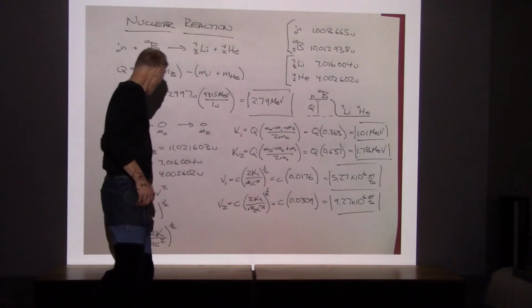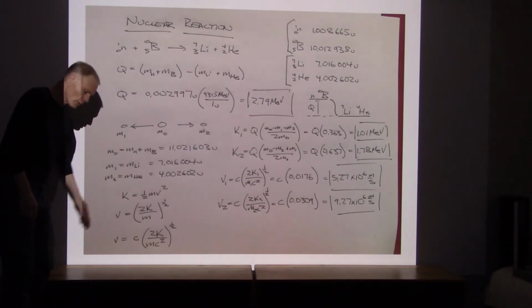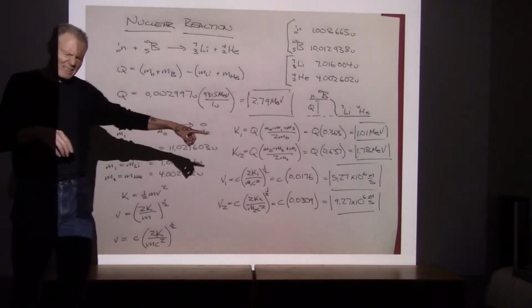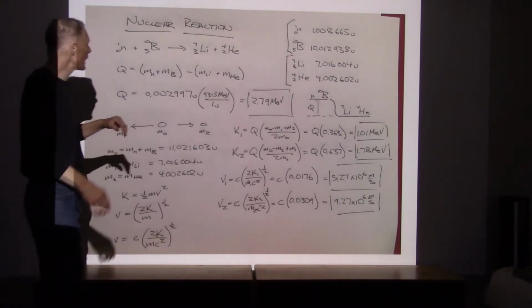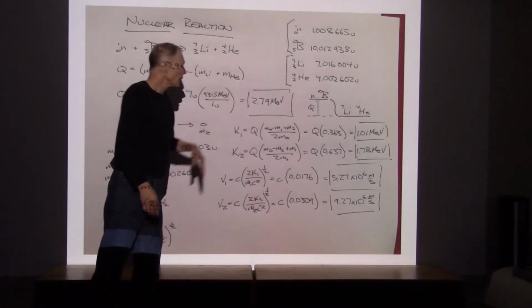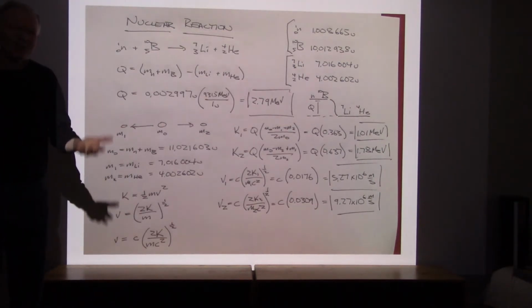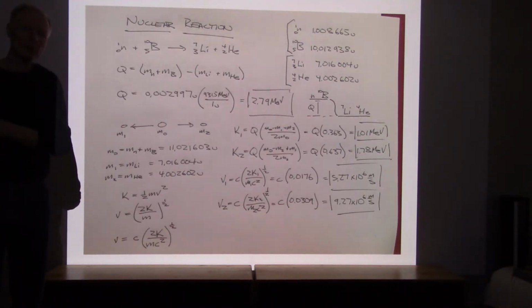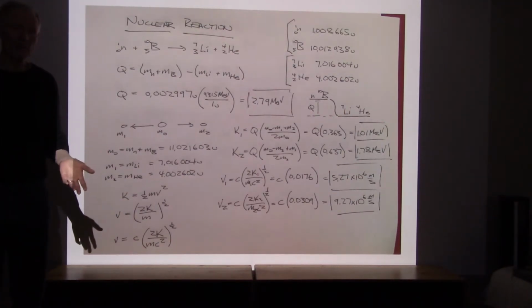I'm going to go back to classical physics formulas for kinetic energy. In the last chapter, we did a couple of these examples, and we used relativity all the way through. But what we found was, even though these are very energetic reactions, and the pieces coming out are going at really high speeds, they're still not so close to the speed of light. And we can get away with using classical formulas.